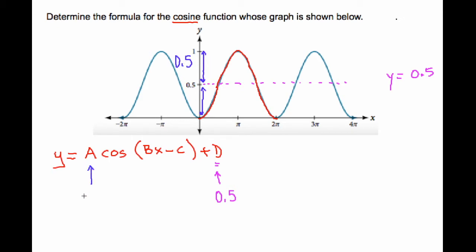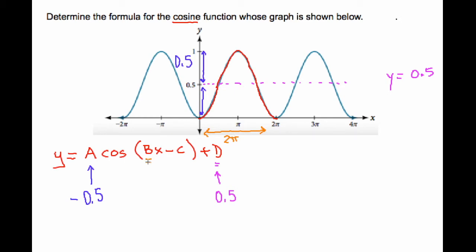So my vertical compression occurred, and it looks like a is equal to 0.5. But since my cosine graph has been reflected vertically, a will be negative 0.5. Now my focus turns to the period. Notice that the period of the function shown on this graph is 2 pi.